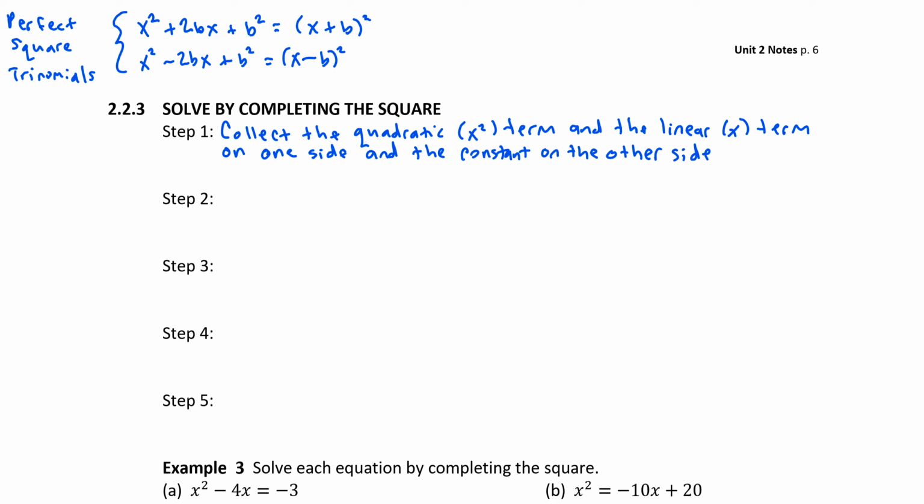Collect the x squared and x term on one side and move the constant to the other. Or you can think of it, kick the constant out.